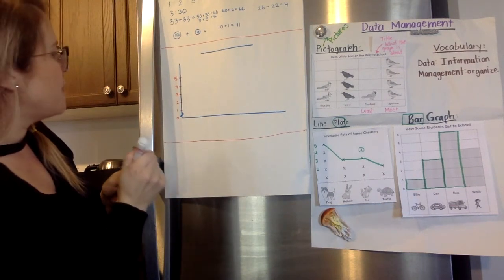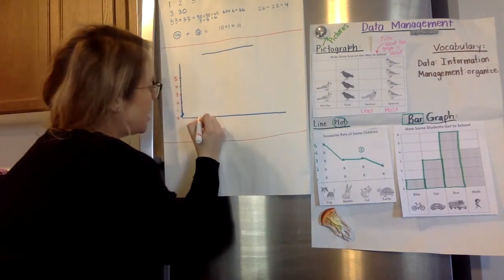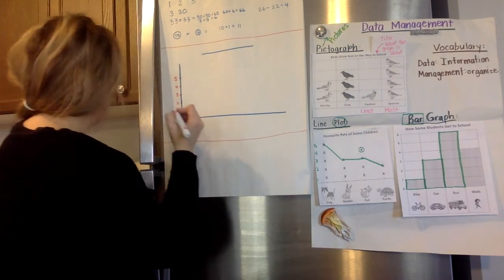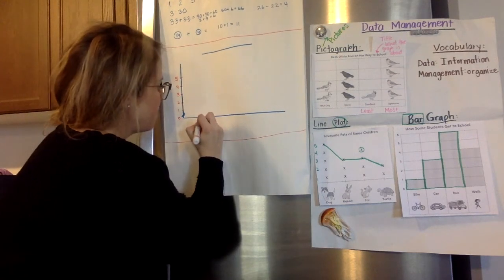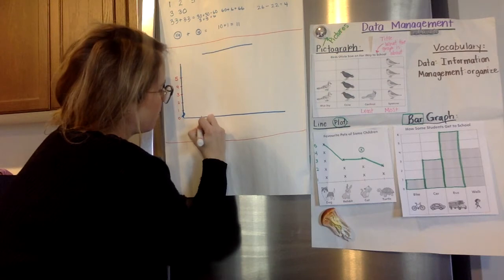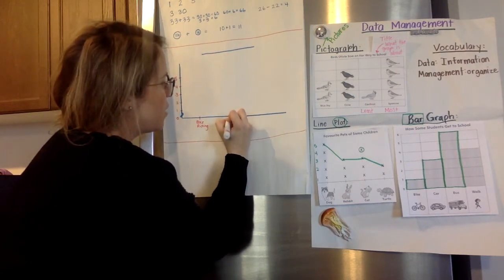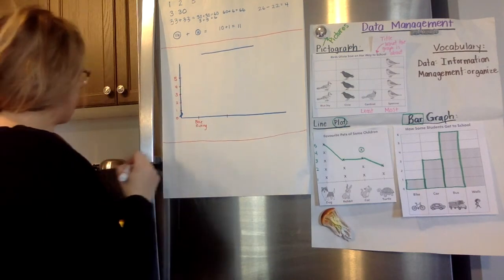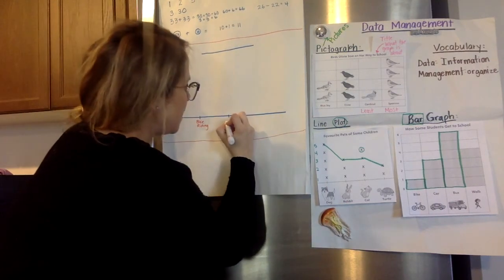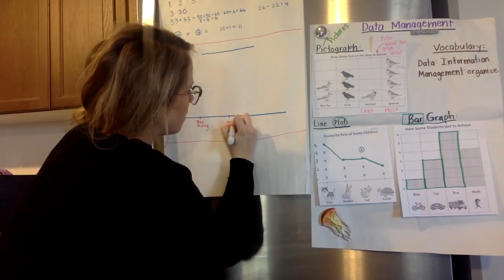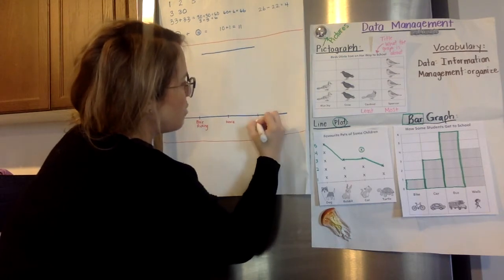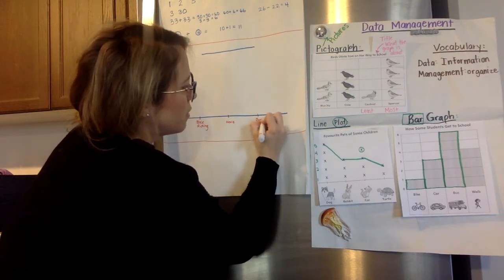So at the bottom, on this first line, I'm going to write bike riding. Then over here, I'm going to put some space between those. I'm going to write movie. And then over here, I'm going to write board game.